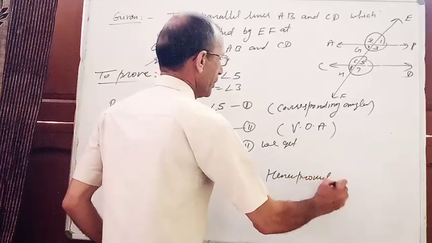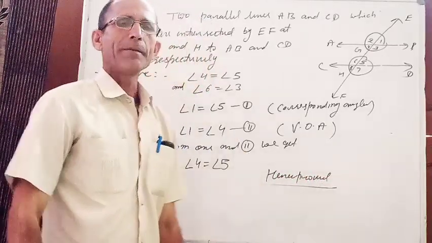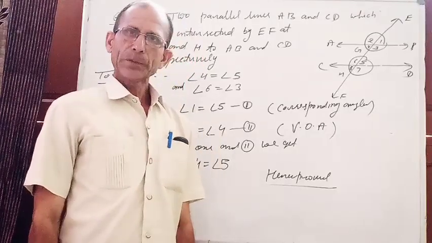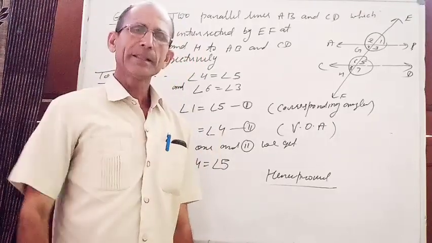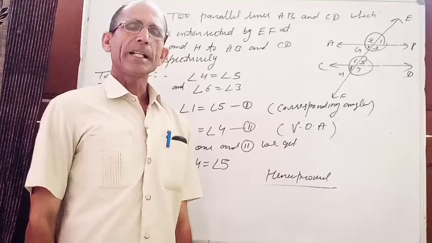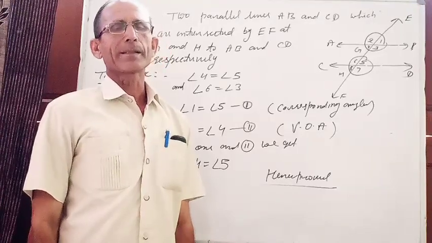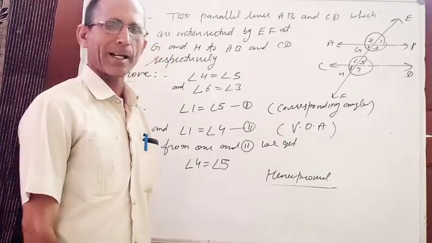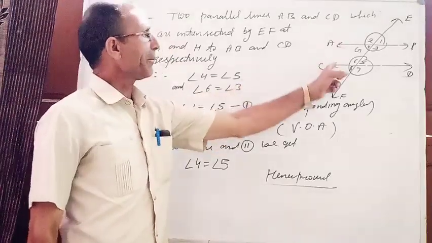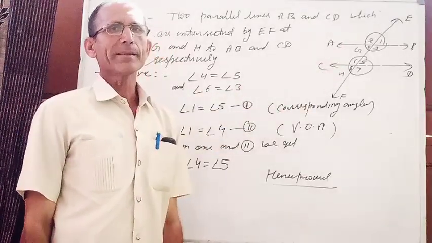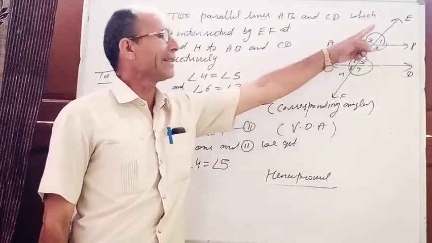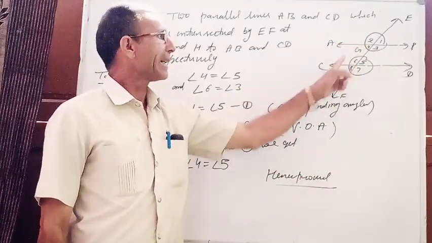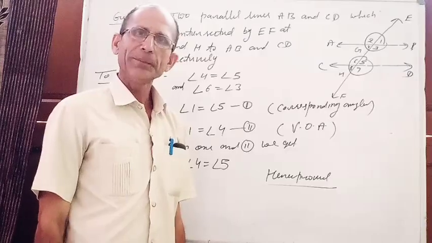Hence proved. Once again I am repeating. First of all, I would like to explain the statement. What is the statement? If two parallel lines are intersected by a transversal, then prove that alternate interior angles are equal. So given AB and CD, two parallel lines, intersected by EF at G and H respectively.